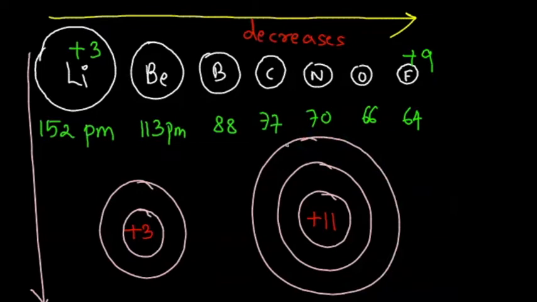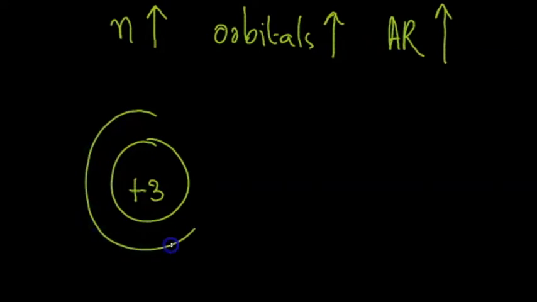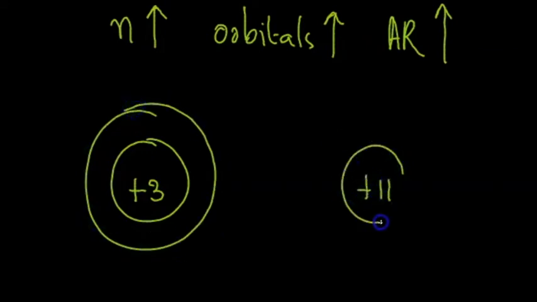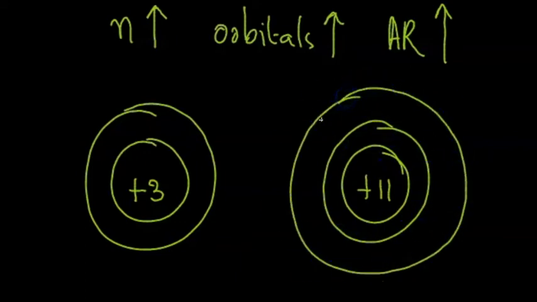It is due to the extra energy level that was added. As the principal quantum number increases, the orbital size also increases, and as a result, the atomic radius goes up. That's why sodium is bigger than lithium, because sodium has 3 shells while lithium has 2. So the more energy levels you have, the bigger the atom.